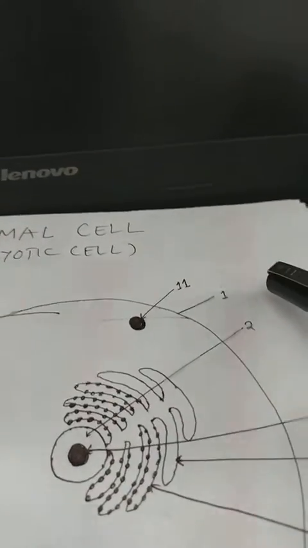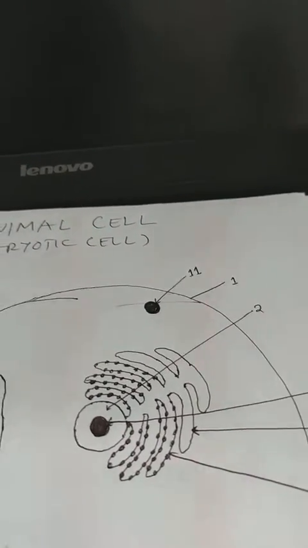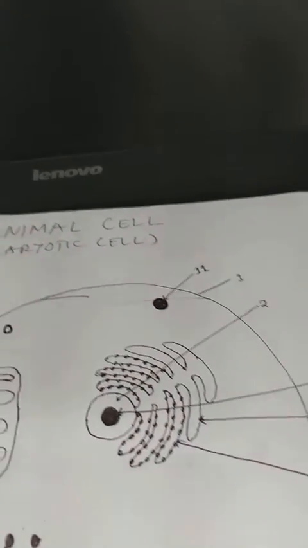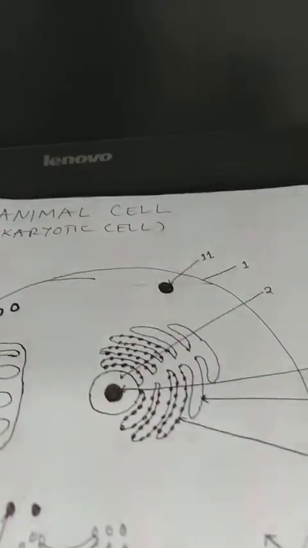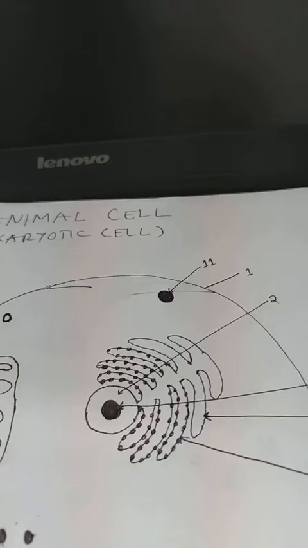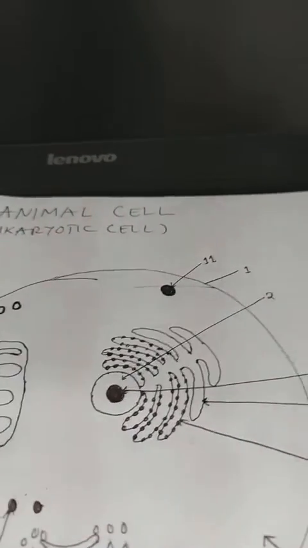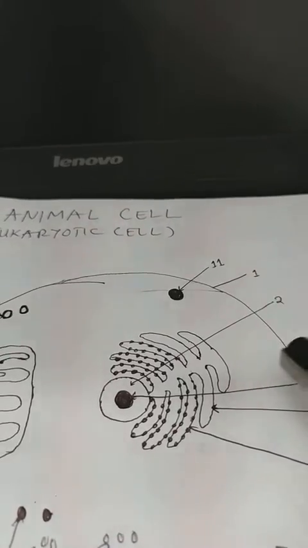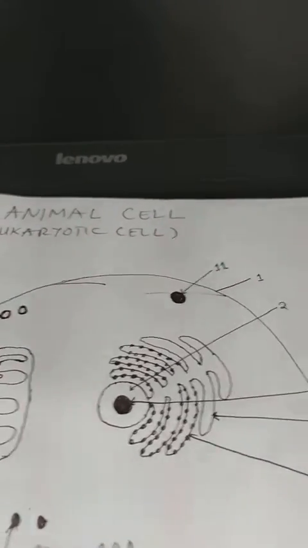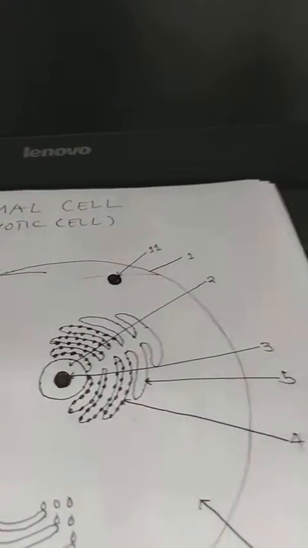Let's look at another structure, labeled by number 2, and this is our nucleus. The nucleus is the organelle which stores genetic information. At the heart of the nucleus, we have the structure labeled by number 3, known as the nucleolus.